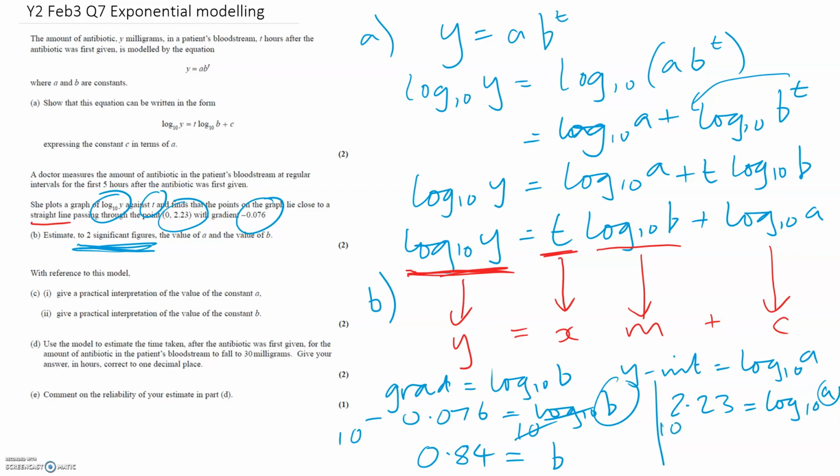In a similar way, if you do 10 to the power of 2.23, you will find out that a is 169.8 something, which works out as 170 to two significant figures. So those are the two answers: b is 0.84 and a is 170.